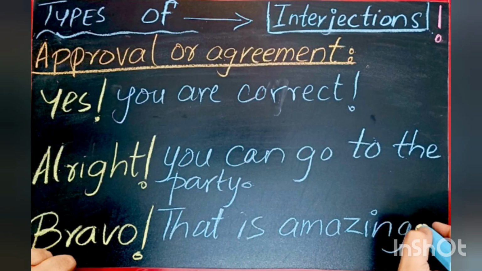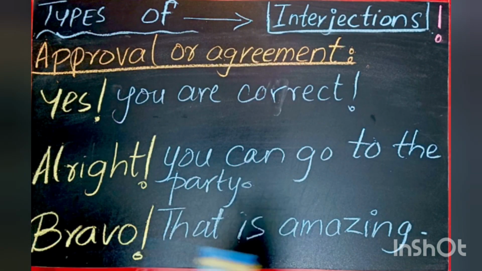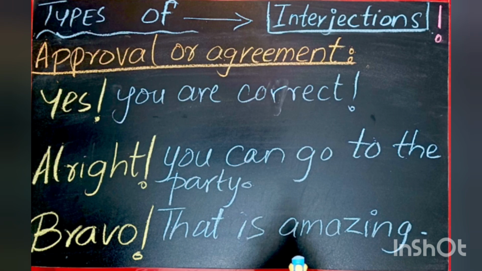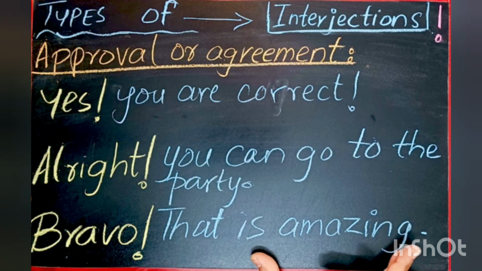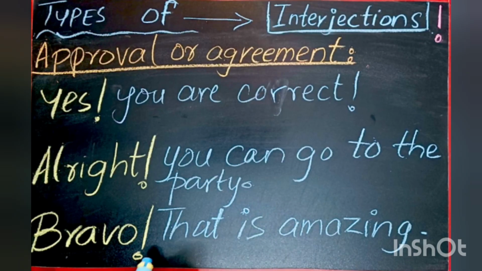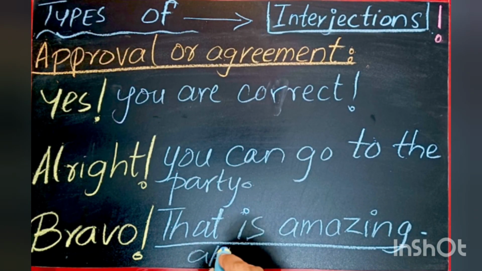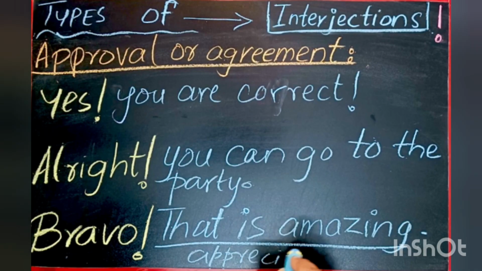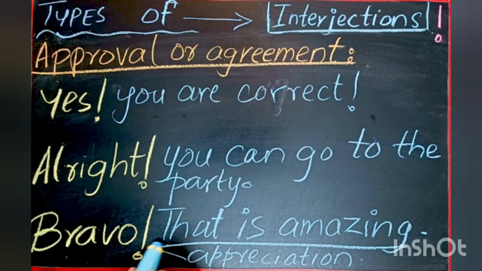When we appreciate someone or when we approve that he or she is doing an amazing job, we say, Bravo. That is amazing. So this sentence here is showing the approval or appreciation or agreement to someone. Okay?